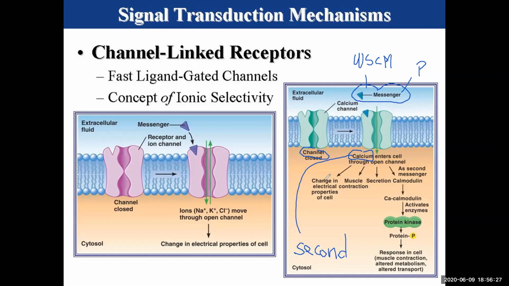The cell can respond. It can change how the cell responds through electrical signaling. It can induce contraction if the cell is a muscle cell. It can induce secretion if the cell is part of a gland. Or for example, if it's a neuron, it can induce the neuron to release neurotransmitter.